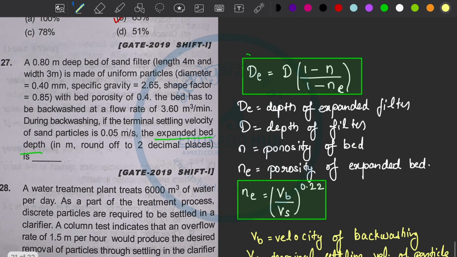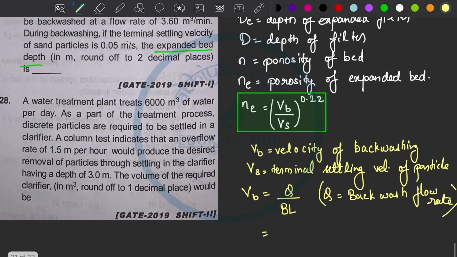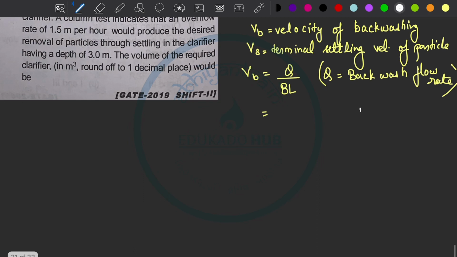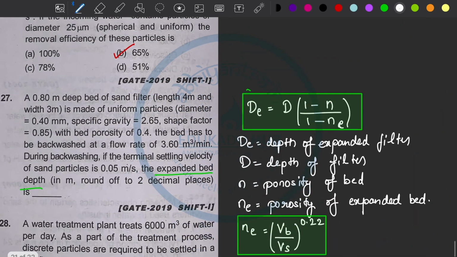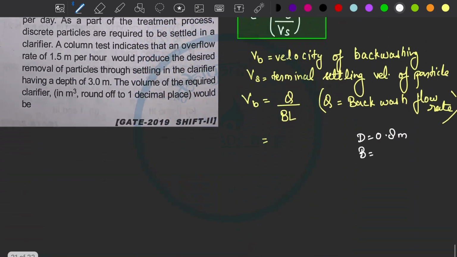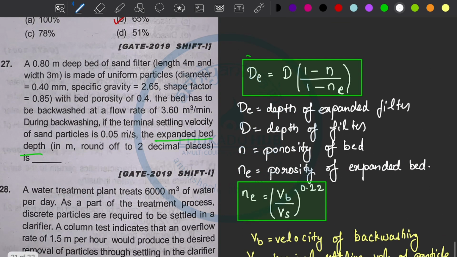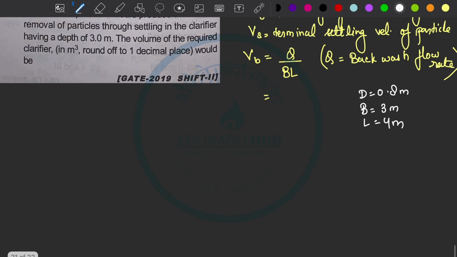From the question we know the depth of bed is 0.8, width is 3 meter and length is 4 meter, and the backwash flow rate is 3.6 meter cube per minute. So Q is 3.6 meter cube per minute.